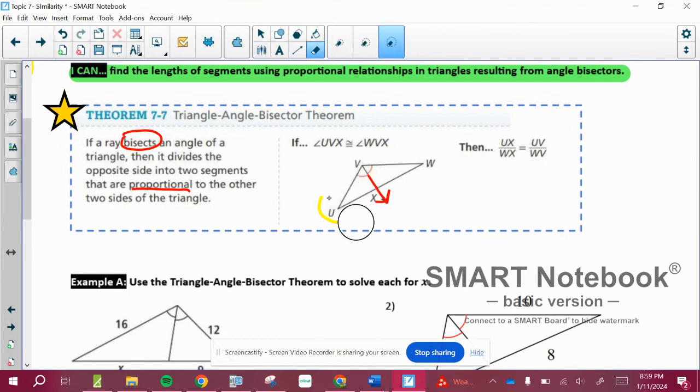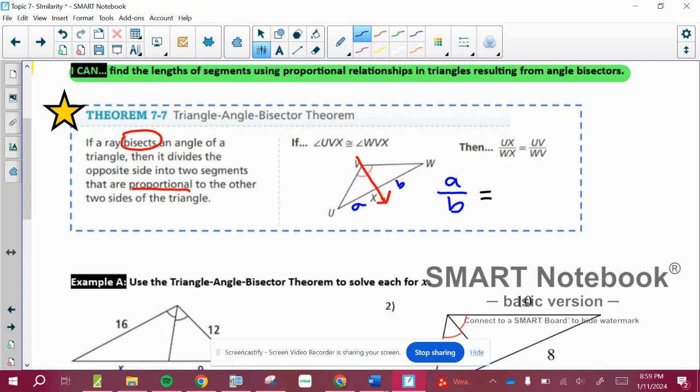Okay. So let me explain what that means a little bit. When we have this ray bisecting angle V, it creates two little segments on the bottom here. It cuts that side into two parts. So I'm going to call those A and B. Those two parts make a ratio, a fraction, which is proportional, which means it's equal to the ratio of the lengths of the two sides of the triangle.